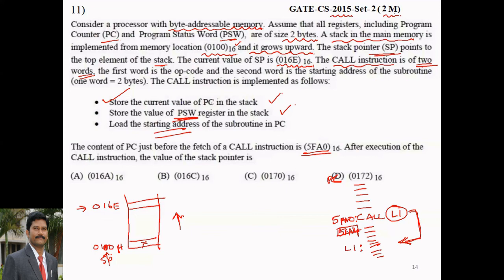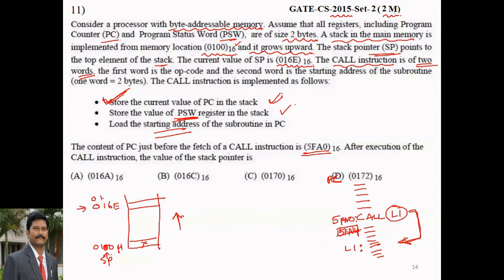So store the current value of PC in the stack, that means the value after the call instruction, 5FA4. The current value of SP is 016E, and that is the first operation, so it increments by 2 and stores.